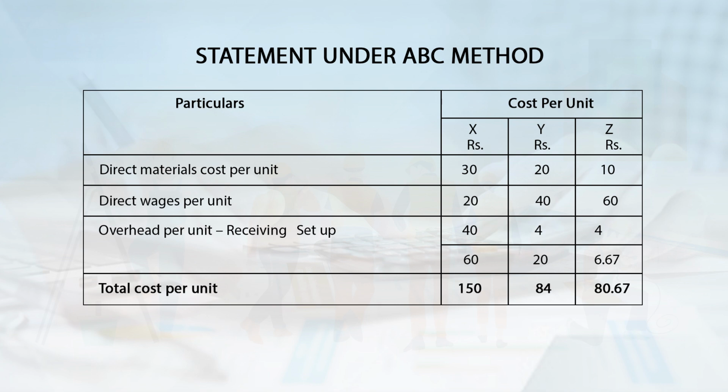And overhead cost per unit that we have calculated in the above table for receiving cost for product X is rupees 40, for product Y 4 and for product Z 4, and setup cost per unit for product X is rupees 60, for product Y 20, for product Z rupees 6.67.